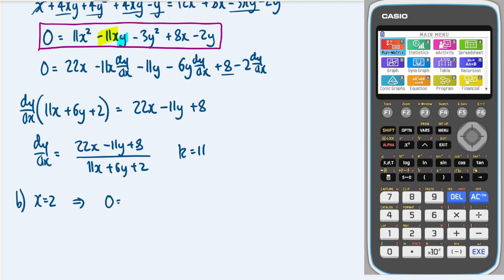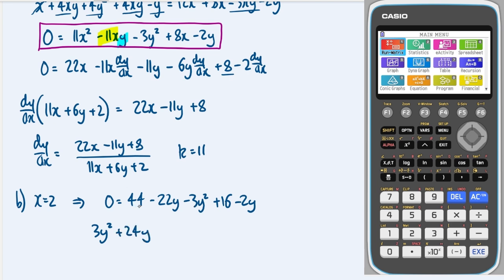implies that 0 is equal to 2 squared times 11, which is 44, minus 22y, minus 3y squared, plus 16, minus 2y. Okay, let's move the 3y squared over to that side. That's minus 24y. Let's move it over to make positive 24y.